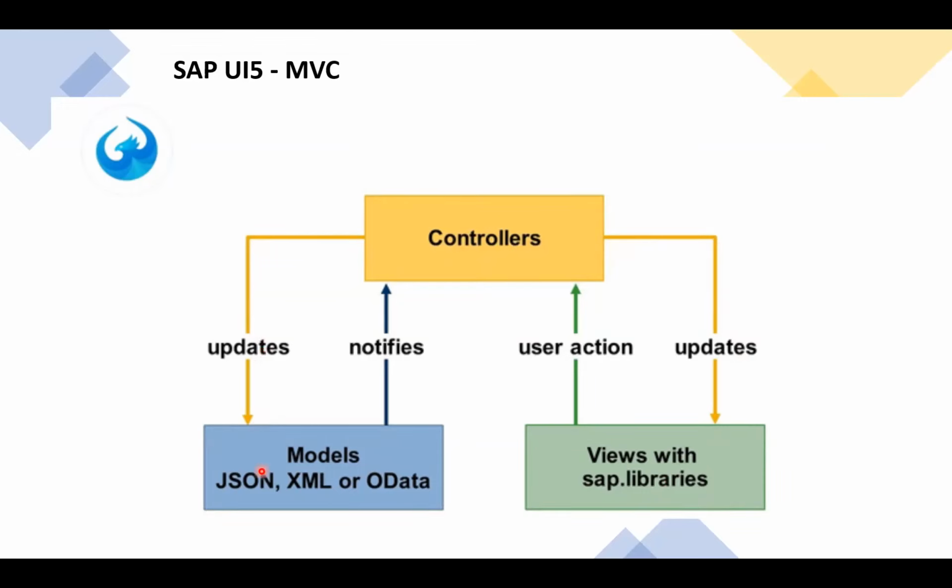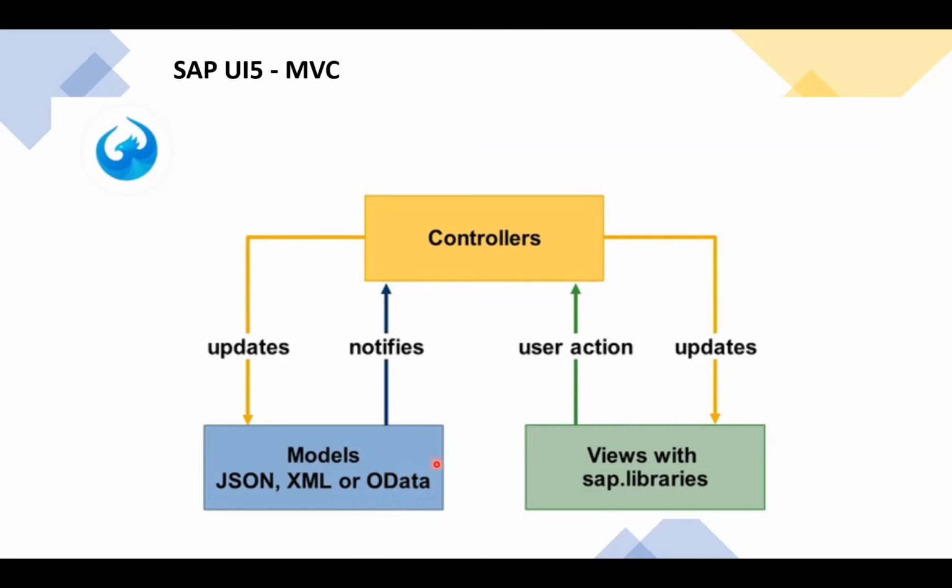The controller will send the updates to the model, and the model will take care of pushing things to the backends. Here we will have client side models and server side models, both. JSON and XML models are purely client side models, but the OData model can be used as a client side model and also a server side model.